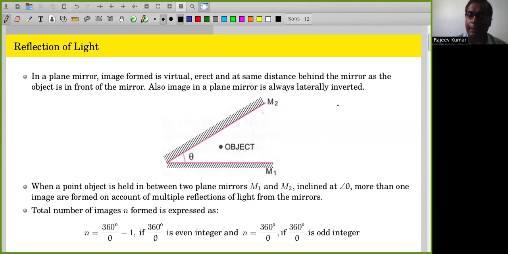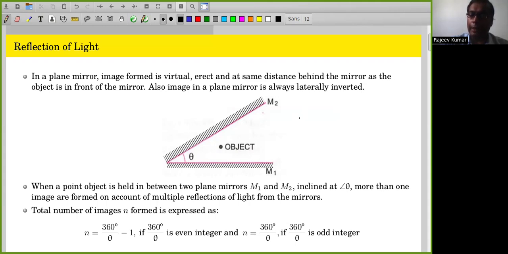Now, consider an object placed in front of two plane mirrors which are inclined at some angle theta, as shown here. In that case, the number of images formed depends on the angle theta, and on dividing 360 degrees by theta, what number are we getting?